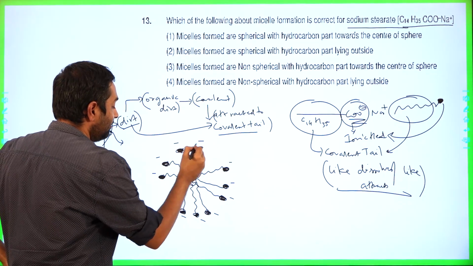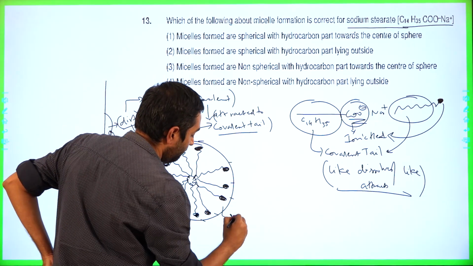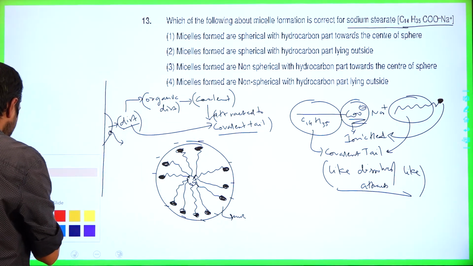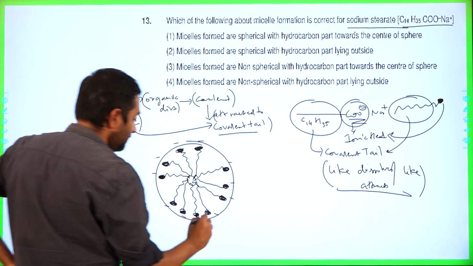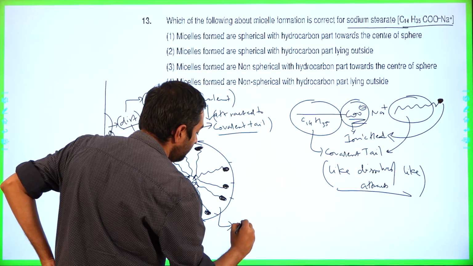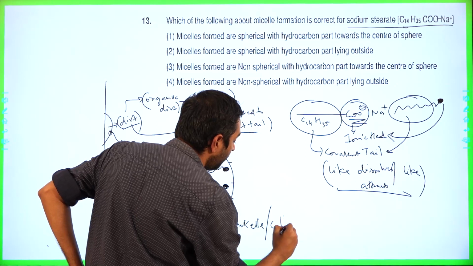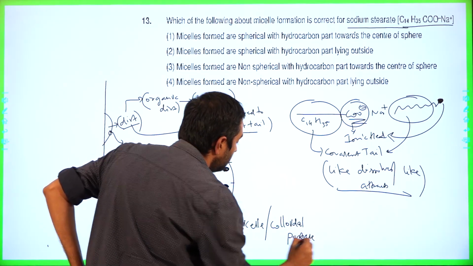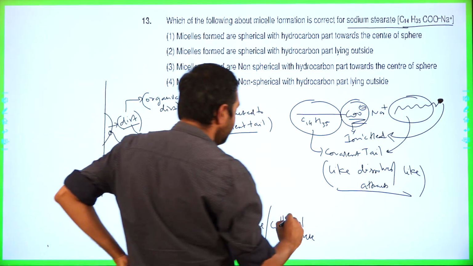I can say that this entire thing is my micelle, which is my actual colloidal particle. So if this is the colloidal particle, what is the charge of the colloidal particle here? It is a negatively charged colloid.